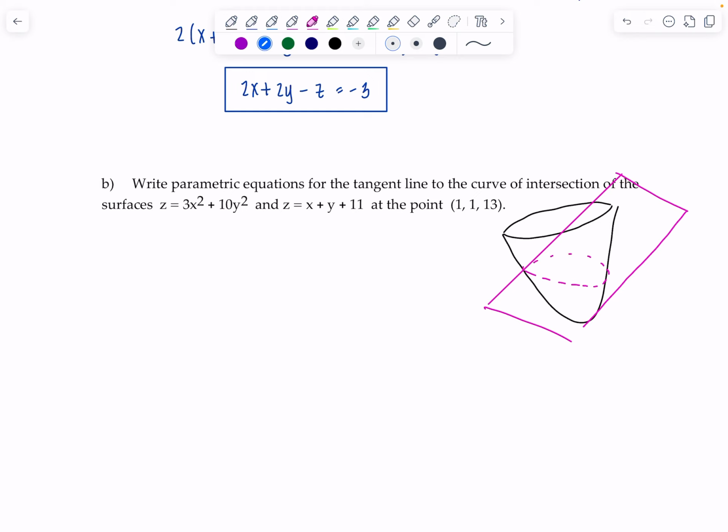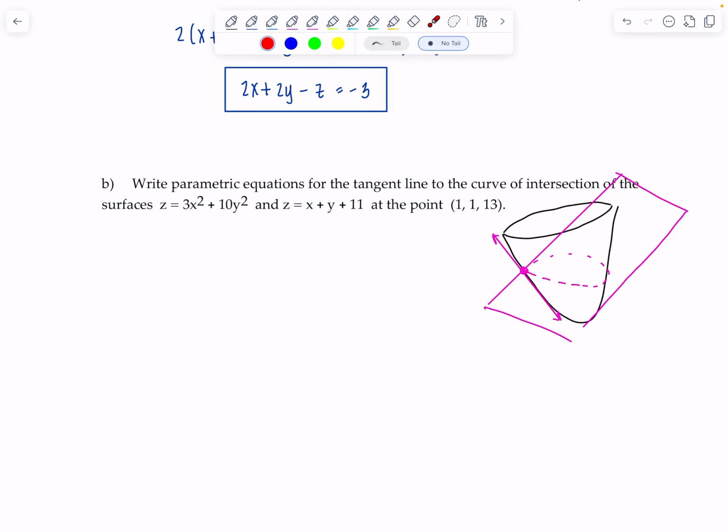I feel like I drew that intersection really badly, but okay. Say at this point, 1, 1, 13, they want the equation of the tangent line to this curve. So the tangent line, here's how you have to think about it.